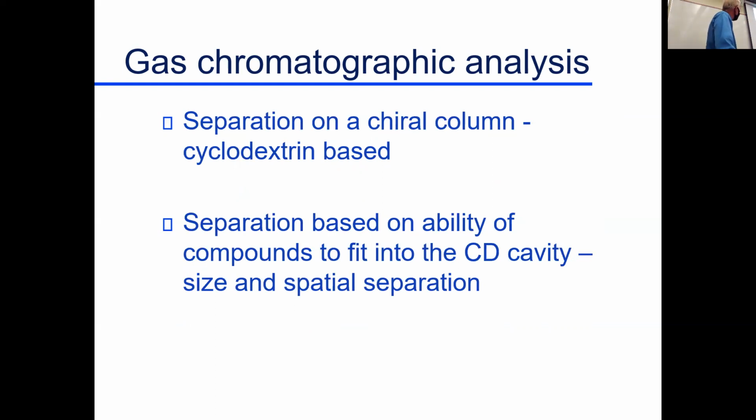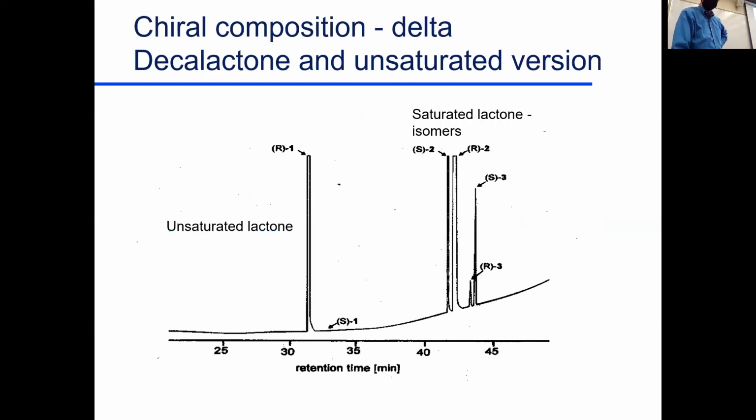This is a separation that's based on that procedure. And it's looking at the chiral composition of delta decalactone. Delta decalactone, that's a beautiful compound. It's very characteristic of coconut, heated butter, caramel, those kinds of characters.